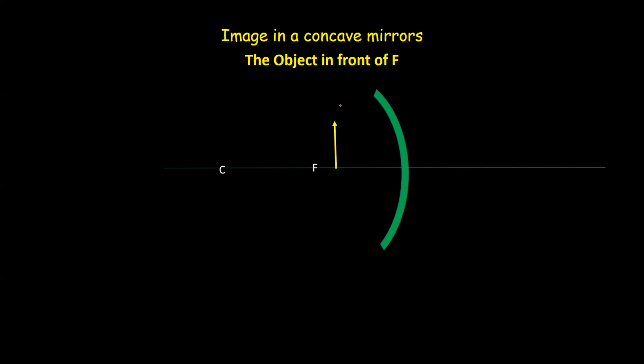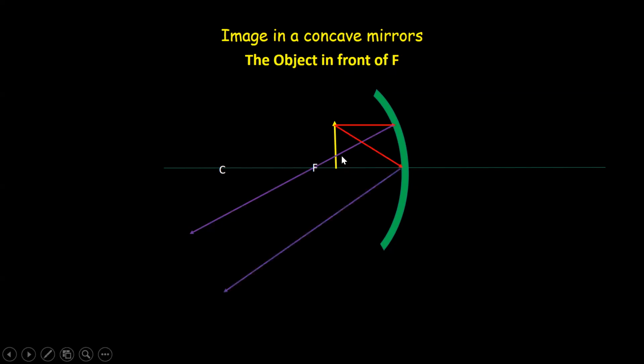So we put the object just in front of F, and we follow the same steps again. 2 incident rays, 1 parallel that is reflected back so that it goes through the focal point, and the second one. As you can see here, they are diverging.